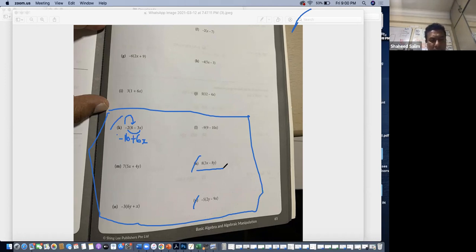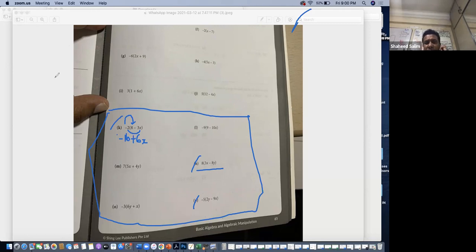Question O. Okay, O is correct. And the one earlier is M, is it? M is also correct. Can you do the one that they are doing also, N and P? Or you can send me the photo of the questions you got wrong, so we can go through also.